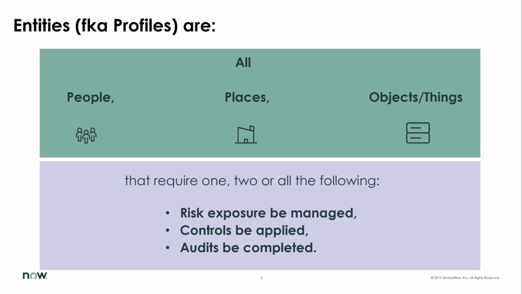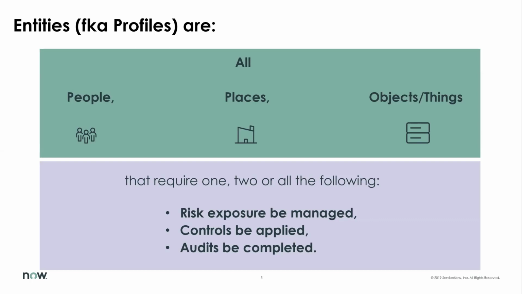Or they'll say something like, all critical financial systems need to adhere to change management. And I tell them to stop right there. They just defined the entities. It was all critical financial servers need to follow the change process. That's a control that needs to be applied to a specific set of entities.